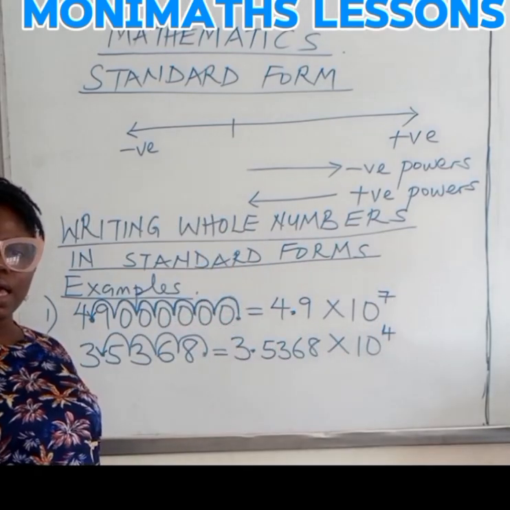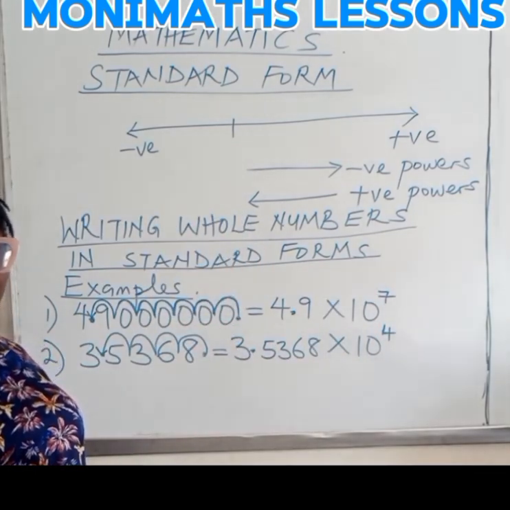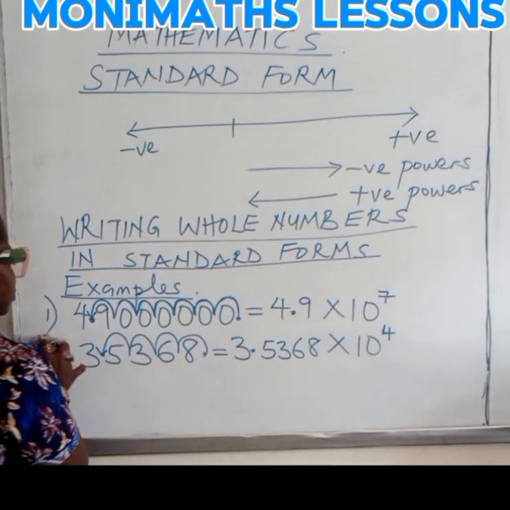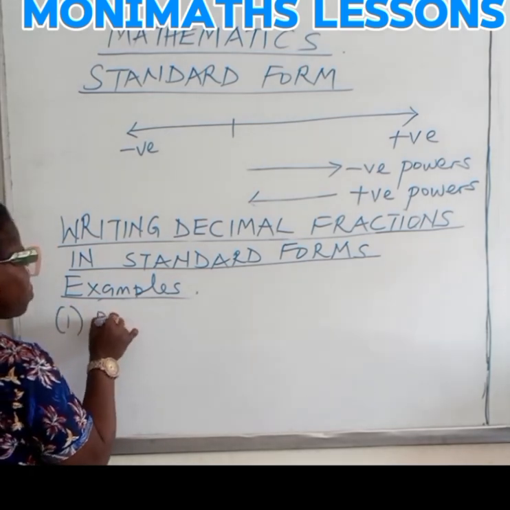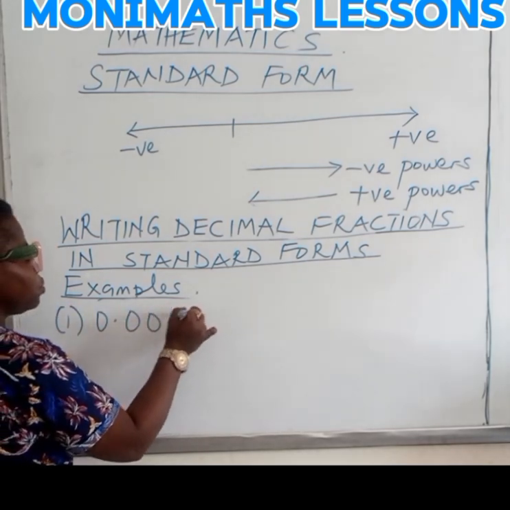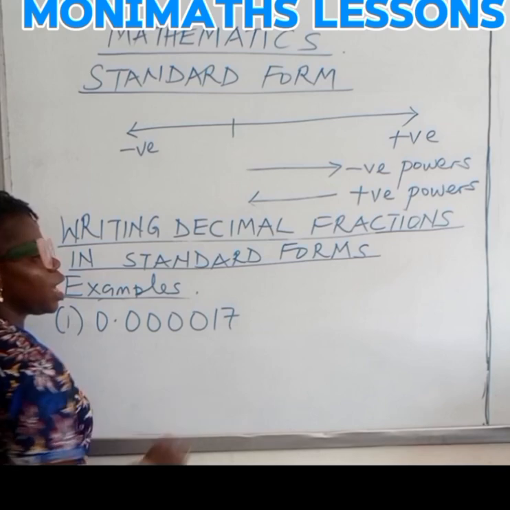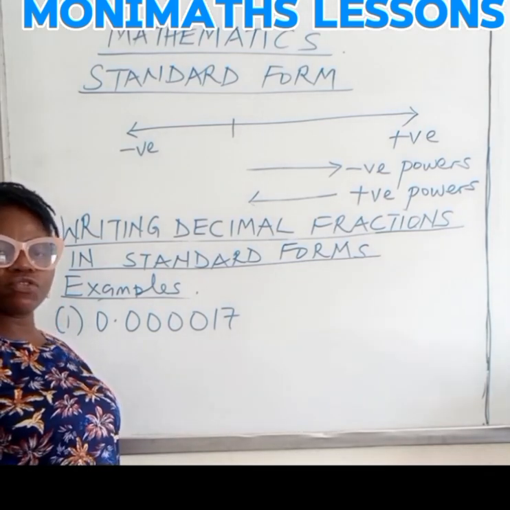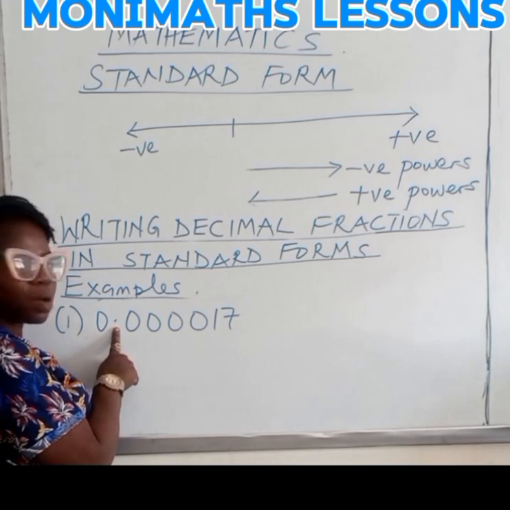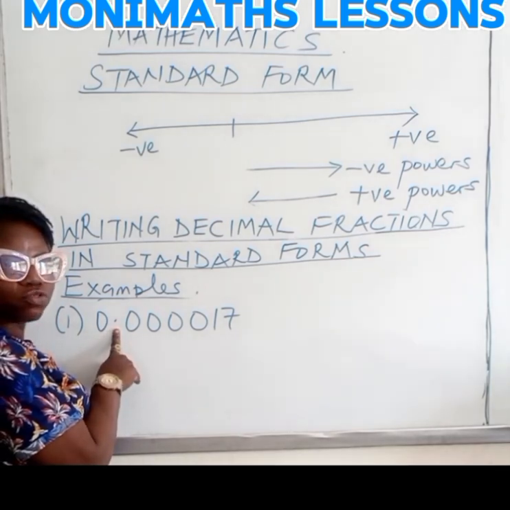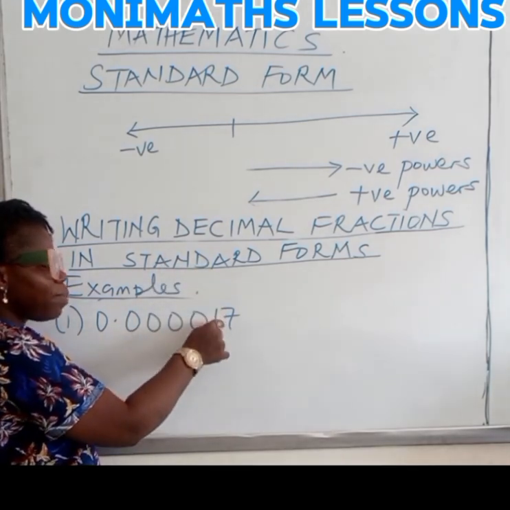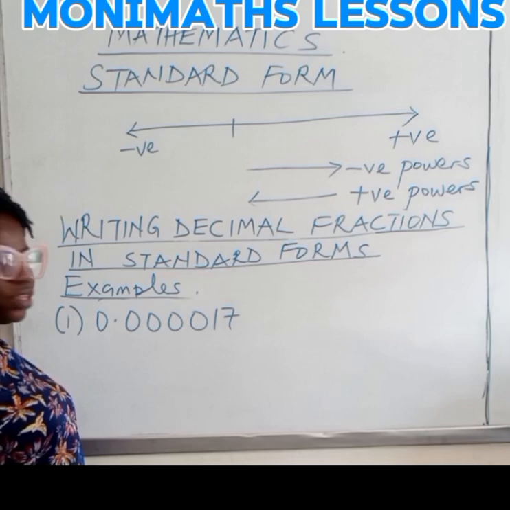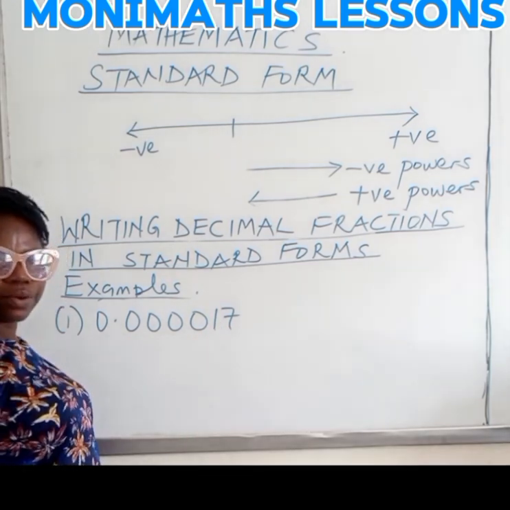Let us look at examples among decimal fractions. I have 0.000017 and I want to write that in standard form. All I have to do is to move this decimal point from where it is situated here to the back of the first digit here that is not 0.